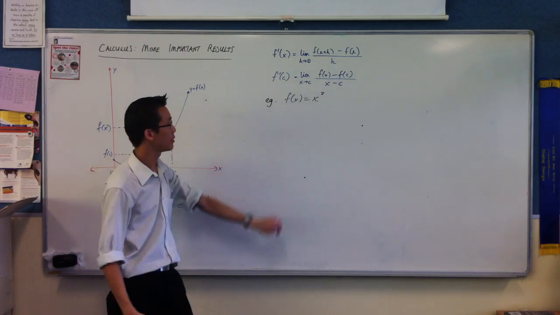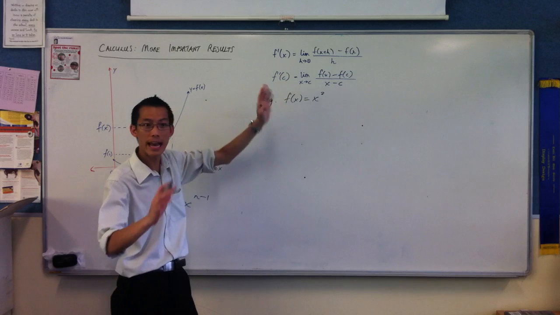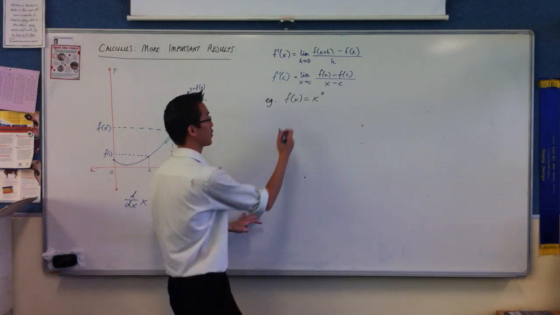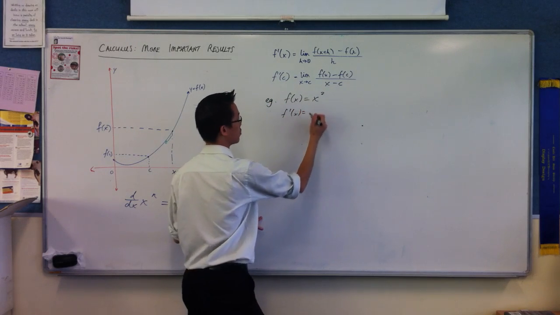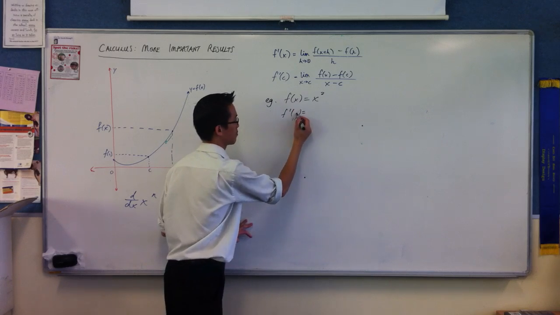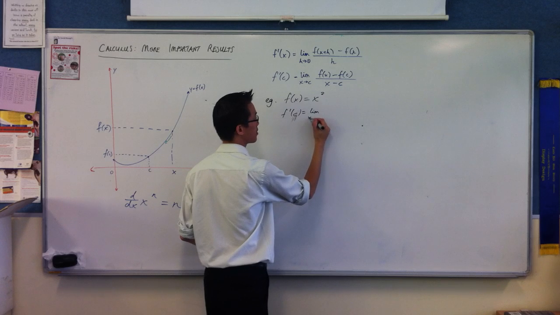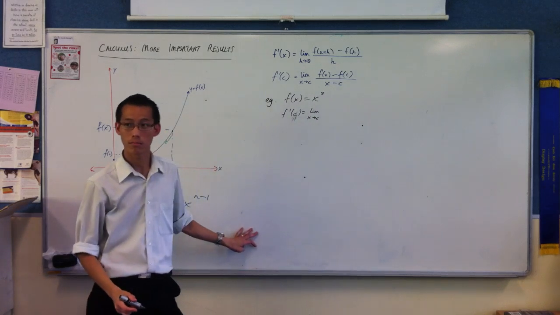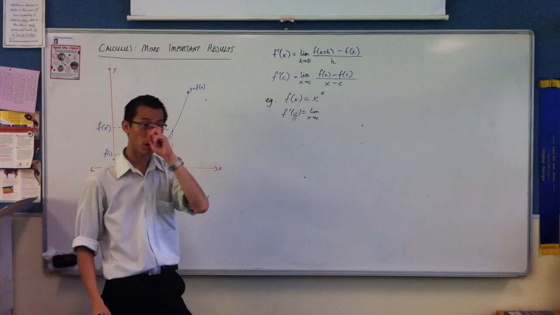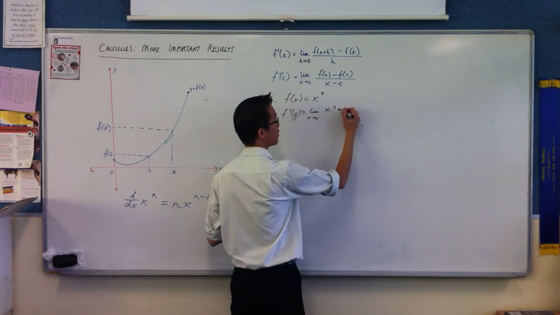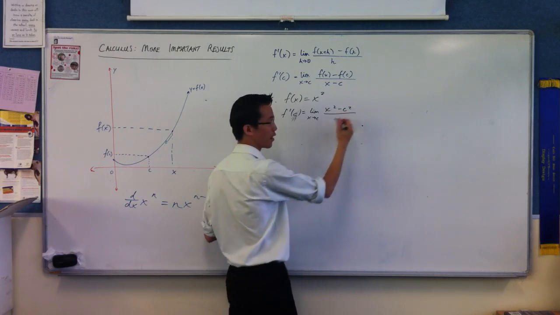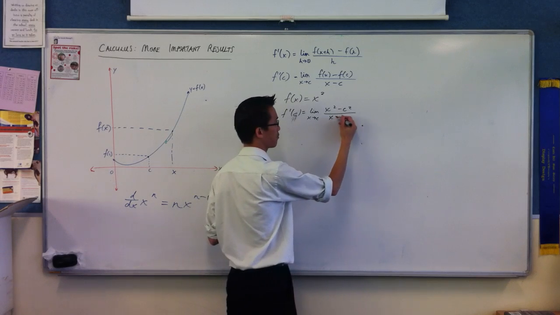Because x equals c. So how would I use this? How does the algebra work out a little differently? Well, let's have a go. F dash c. I want to add this particular point. I'm going to take the limit, but this time it's x approaching c. And then up the top, what have I got? I've got x squared minus c squared over x minus c.